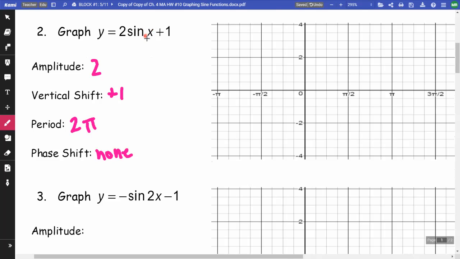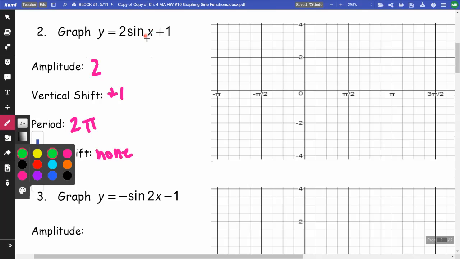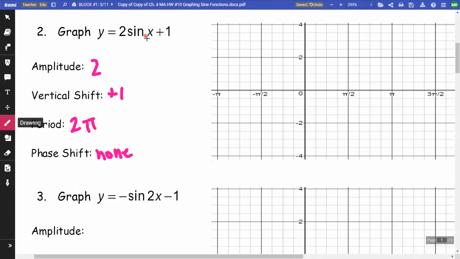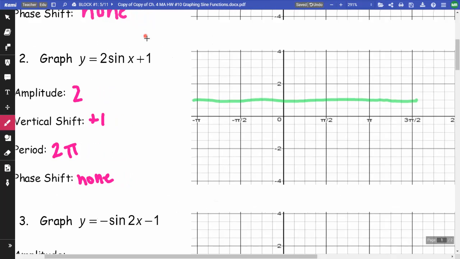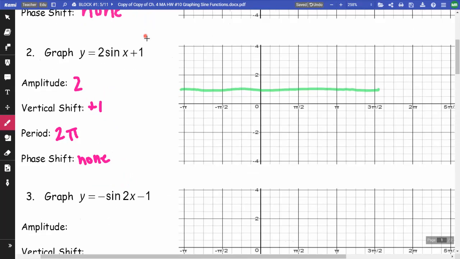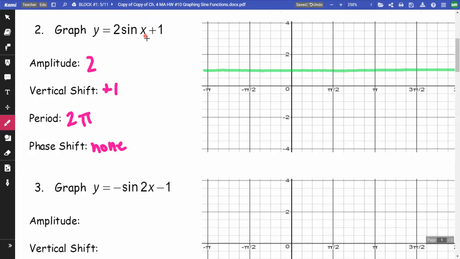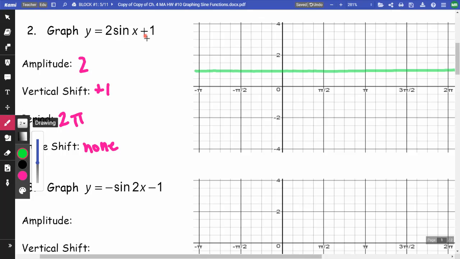Okay, so my vertical shift is at 1. So I'm going to come here to 1 and I'm going to go up 1. Let me make sure I get all the way across my graph here. I'm going to go all the way across at 1, at least getting to my 2 pi there.